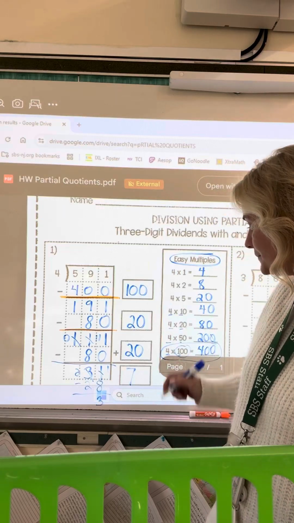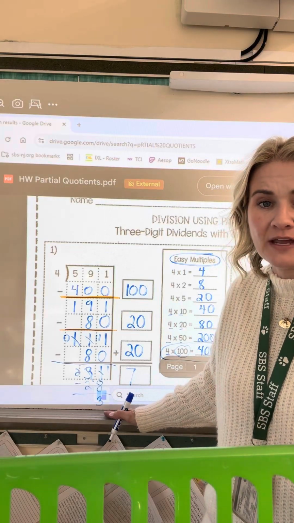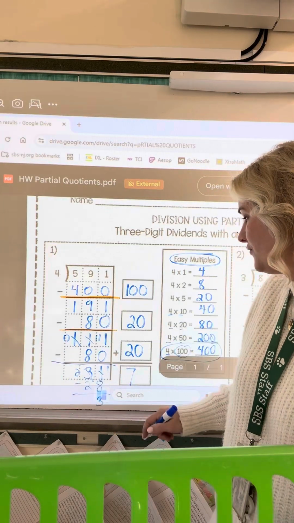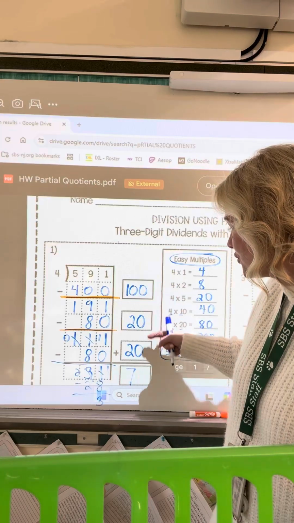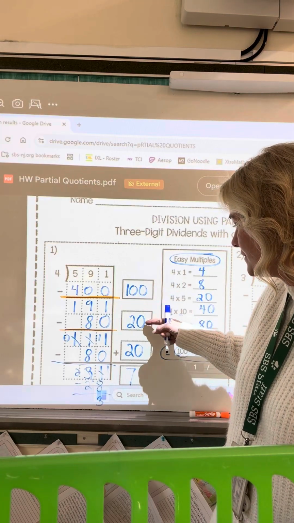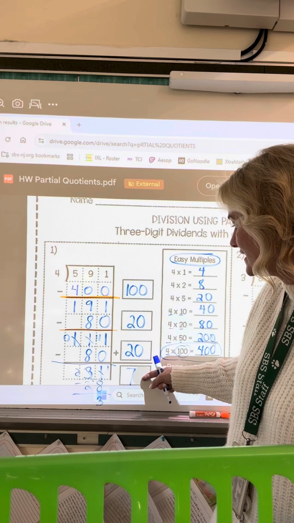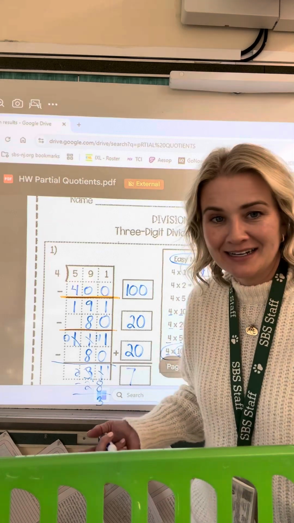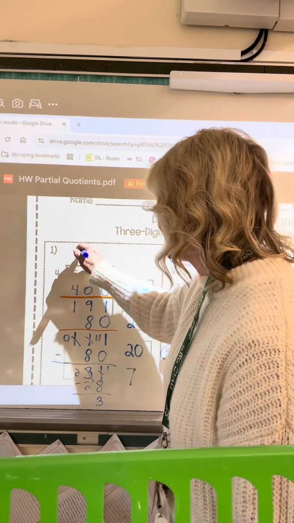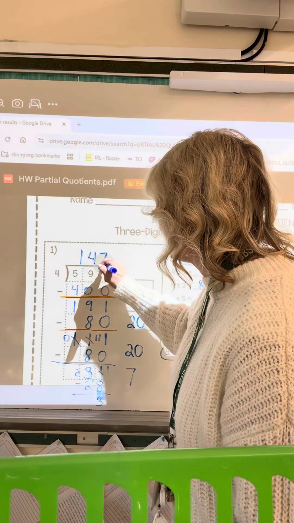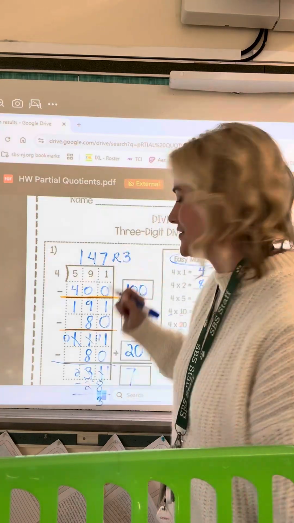At this point, we can stop because our remainder is 3 and it's smaller than 4. We would then add these partial quotients. So 100 plus 20 plus 20 plus 7 is, you guessed it, 147. So our final answer is 147 with a remainder of 3.